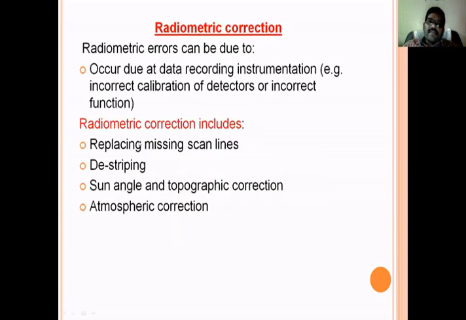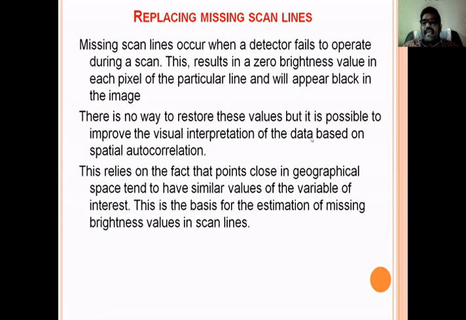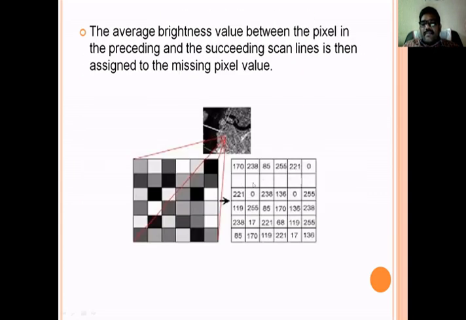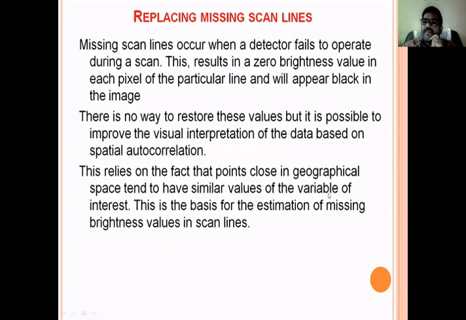What is the first radiometric correction? Replacing missing scan line. Replacing missing scan line with what? With digital numbers. How can you replace this missed scan line with digital numbers? That's what we are going to discuss in this technique. See here, missing scan lines occur when a detector fails to operate during a scan.